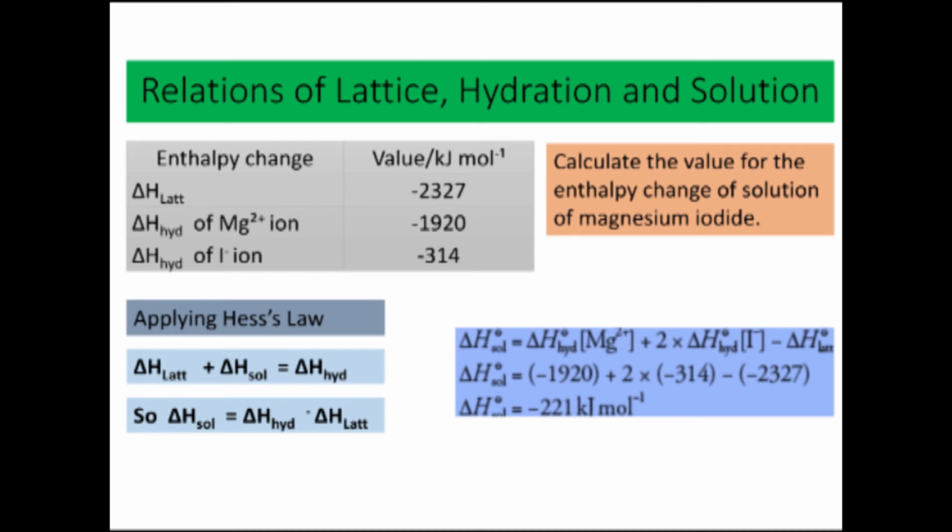Here hydration enthalpy of Mg2+ and iodide ions are given, but we have to multiply the enthalpy change of hydration of iodide ions by 2 because MgI2 has 2 iodide ions with 1 magnesium ion. And the other value, lattice enthalpy of magnesium iodide, is negative 2327. Putting these values, we get enthalpy change of solution equal to minus 221 kilojoules per mole.